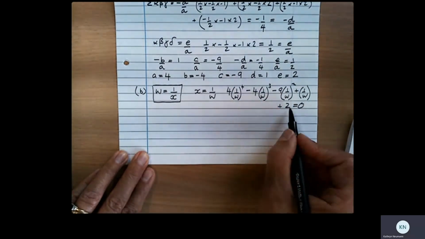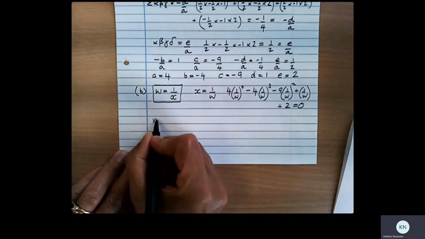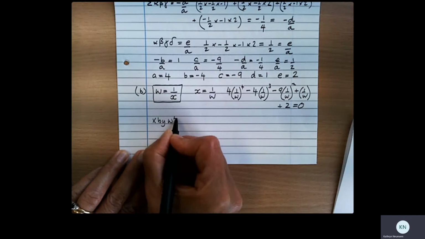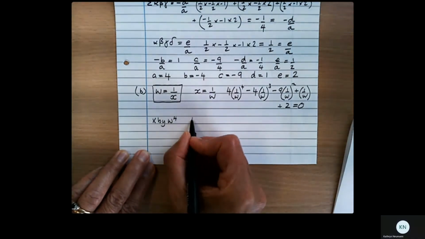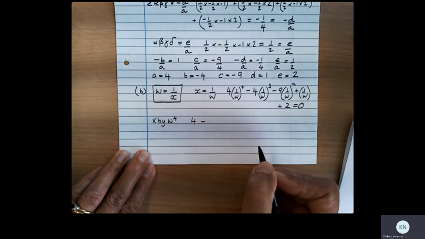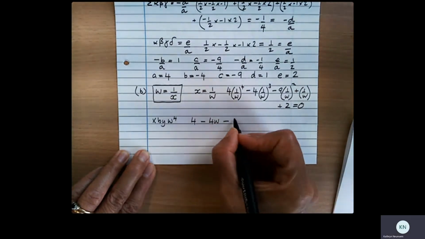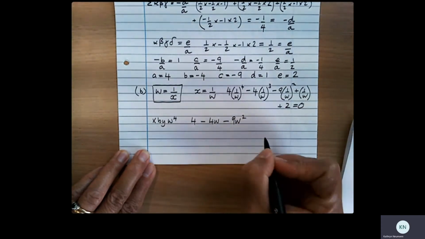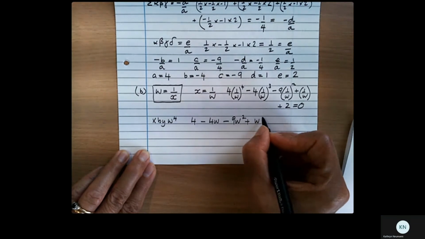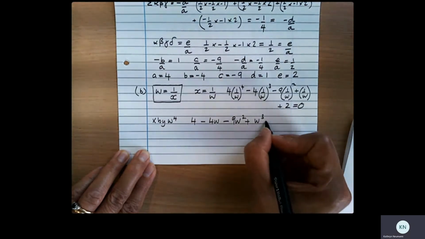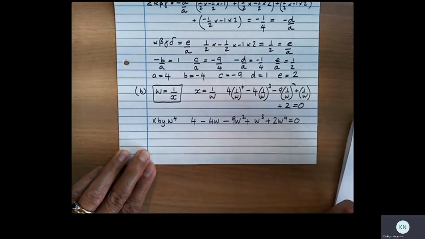So if we look at this equation here, we need to multiply all the way through by w to the 4th. So when we do that, we get 4 minus 4w minus 9w squared plus w cubed plus 2w to the 4 equals 0.